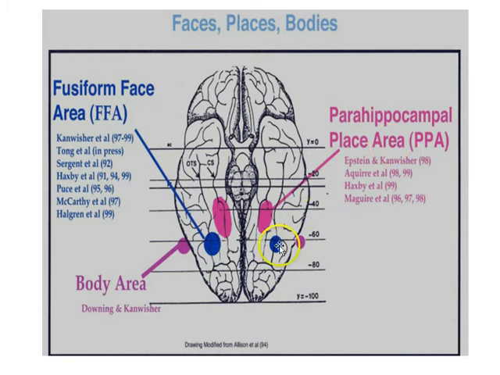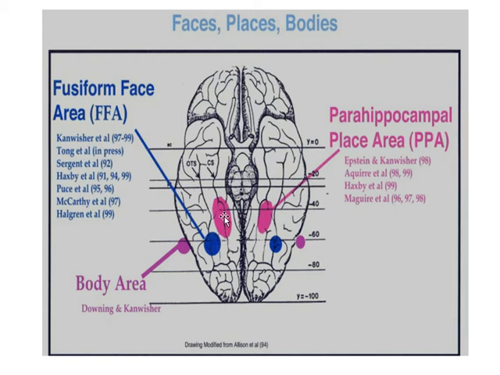And they seem to be distinct locations on the surface of the cortex. So brain scanning data indicates that when we look at a face, certain regions of the cortex become highly and reliably activated, and those regions are different from when we are looking at a place, some kind of visual scene. So when we are perceiving different types of things, different regions of the cortex become preferentially activated.